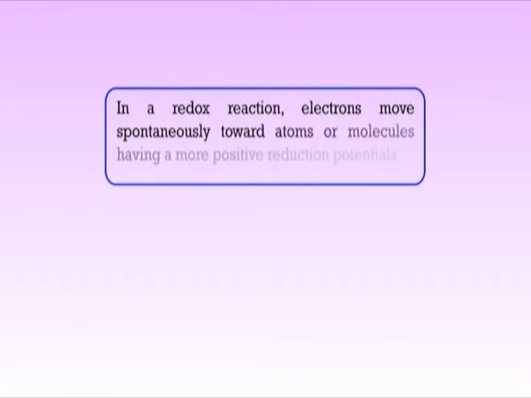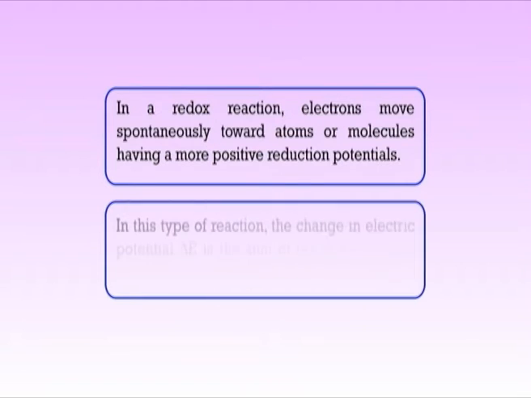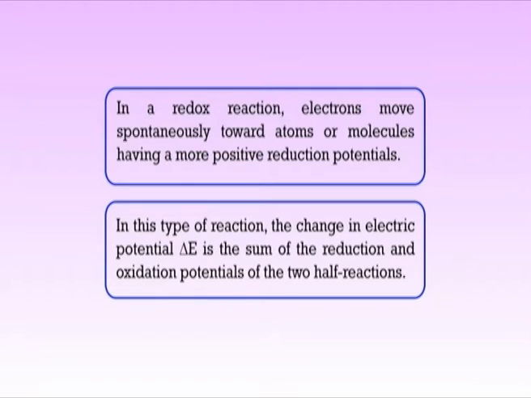In a redox reaction, electrons move spontaneously towards atoms or molecules having a more positive reduction potential. In this type of reaction, the change in the electron potential, delta E, is a sum of the reduction and the oxidation potentials of the two half reactions.